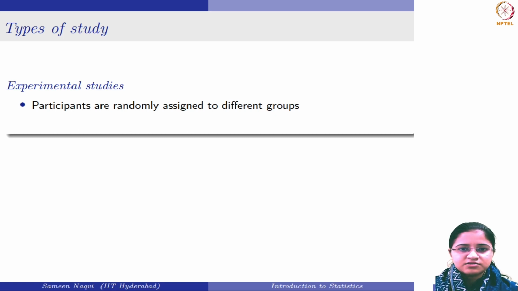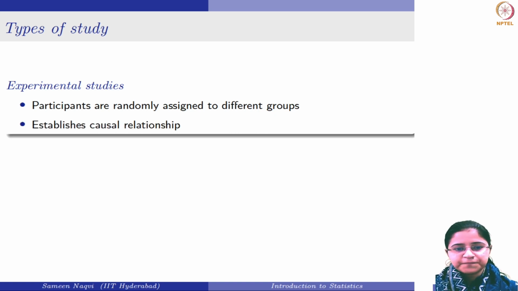So you are not biased, where one group is going to have a particular confounding variable and the other one will not. You have randomly divided them, so both of these groups are going to have some confounding variables.